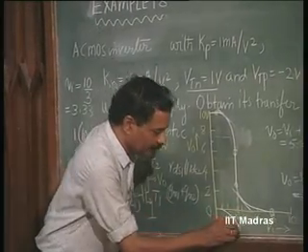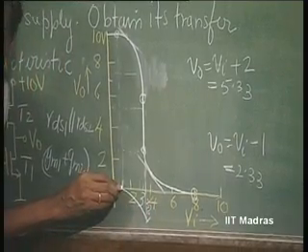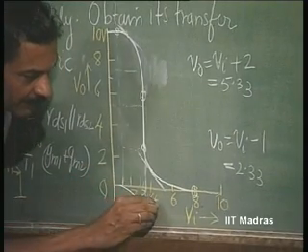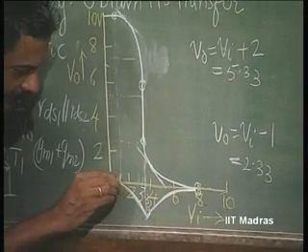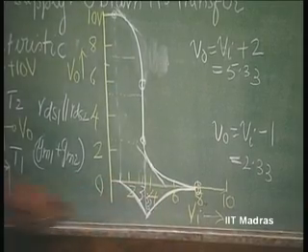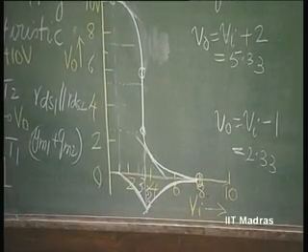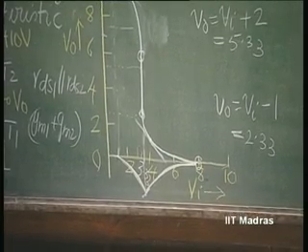Then again it becomes 0 when this transistor goes to the off state, and again it becomes 0 when the other transistor goes to the off state. This is the nature of the current waveform. This is 22.1 milliamperes.